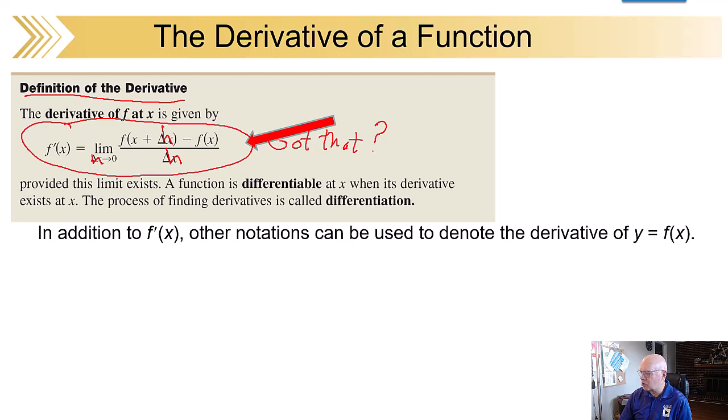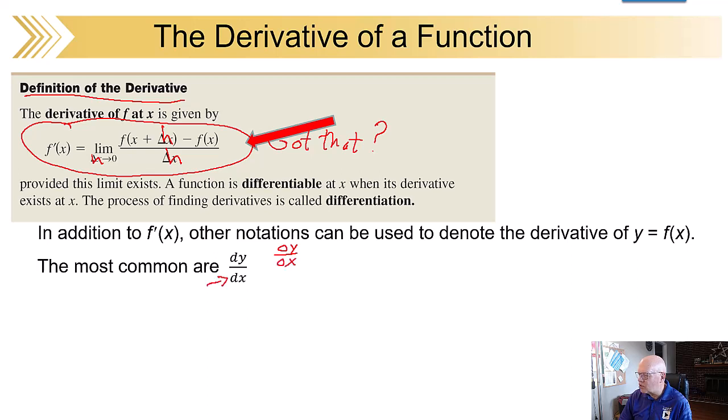There are other notations we use other than f prime of x. One is dy dx. I use that quite often. One reason I use it is the d stands for difference. If the y changes, or how much does the y change, it's sort of like delta y over delta x.